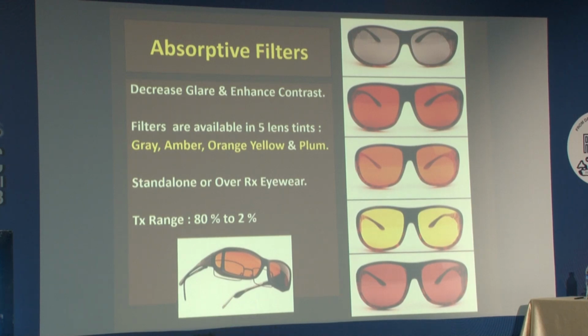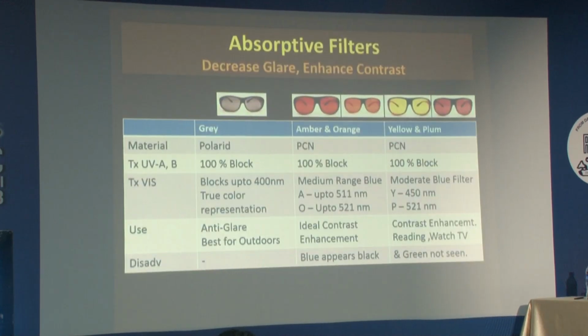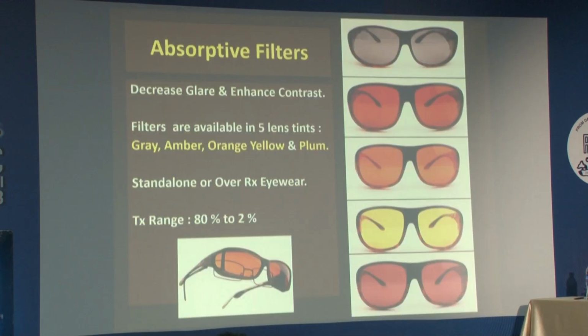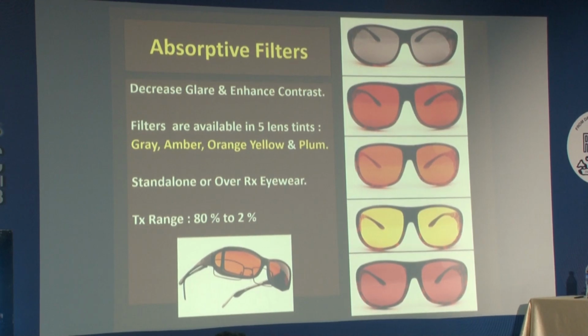The other thing is to use absorptive filters. I think I'm running ahead again. No. So these absorptive filters also reduce glare and improve contrast. And there are basically 5 types. As you can see from top to bottom, they are gray, amber, orange, yellow, and plum tints, right?